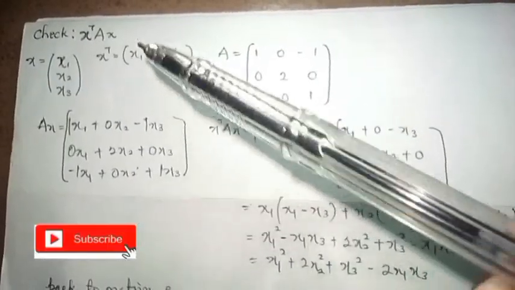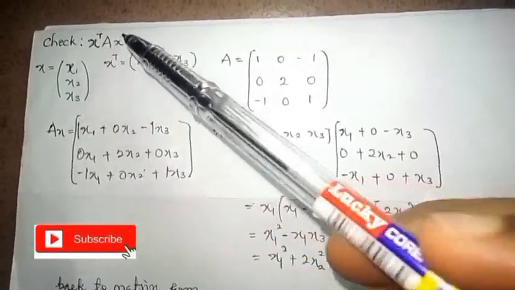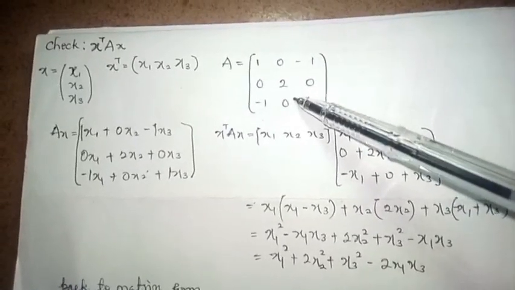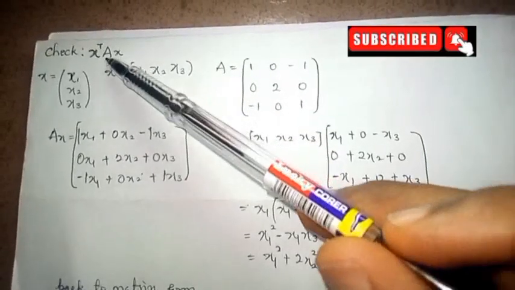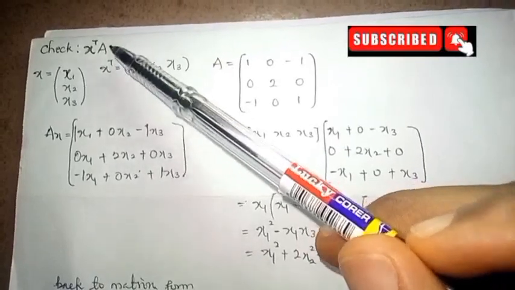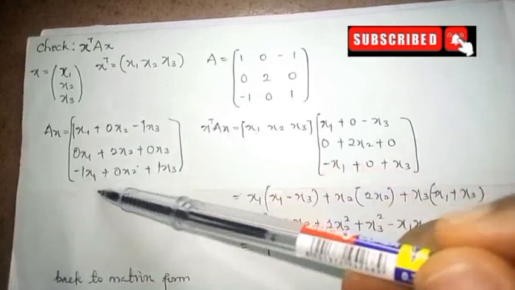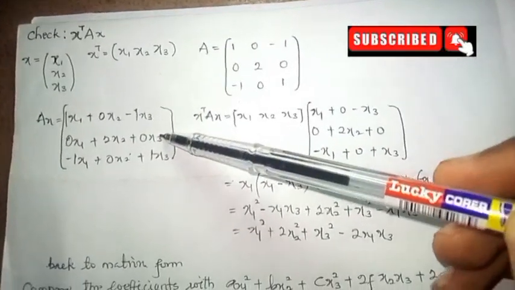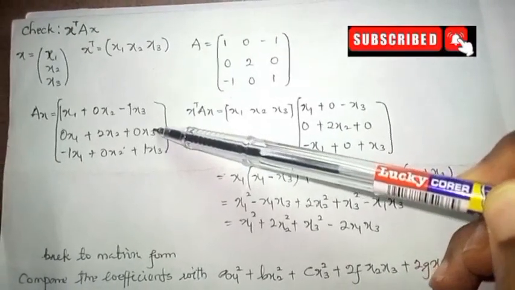So finally, let's look at this. We have to check for this matrix. We are looking at converting it into the quadratic form and bringing it back into this form. So we made use of this formula, x transpose A x. We brought in Ax first. We did the first multiplication of the matrix. Do you remember? If you don't get this process, please move back to the previous video, pause and watch.